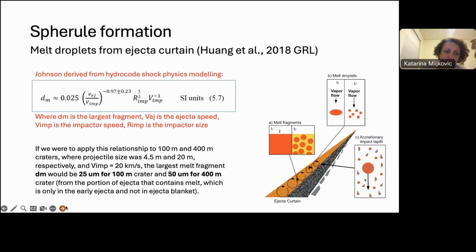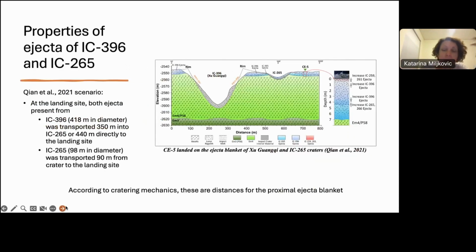What we did then, I should have said that as well, is this is where the samples were collected from. CE5 is the position of the Chang'e 5 sample that is believed to have possibly sampled the proximal ejecta from 2 craters, one that's about 100 meters in size and the other about 400 kilometers in size.